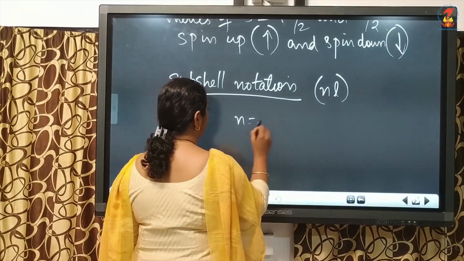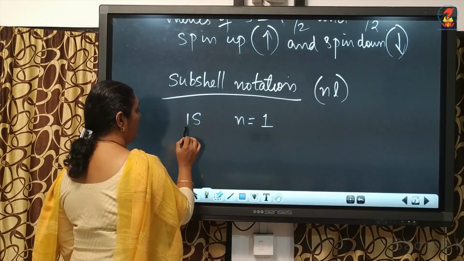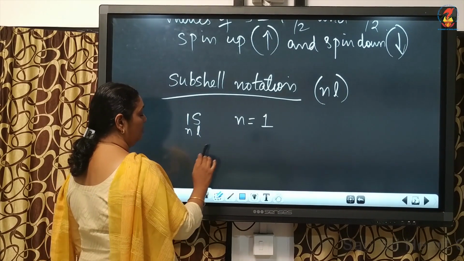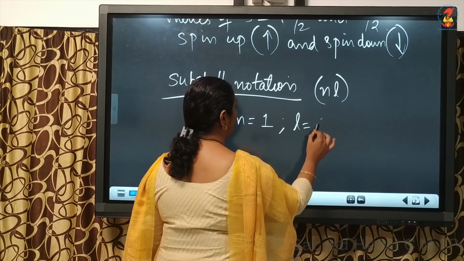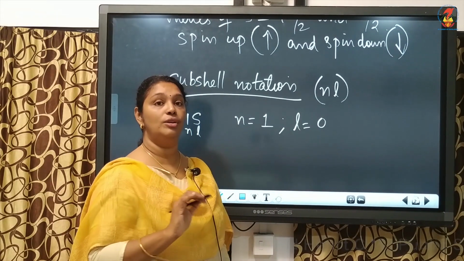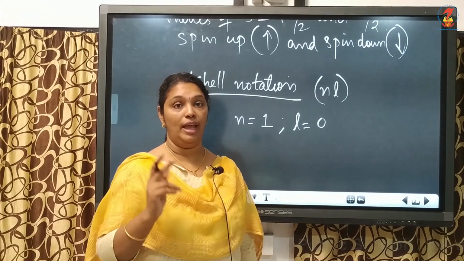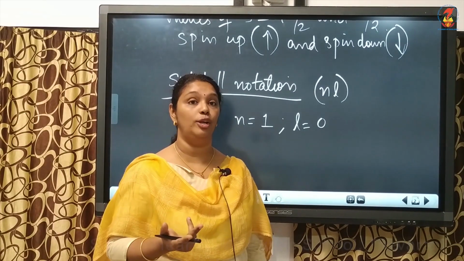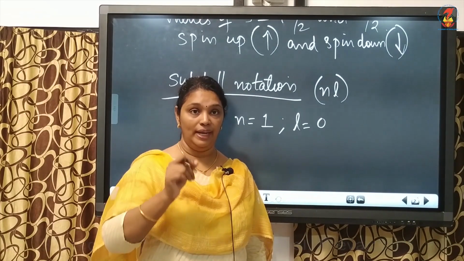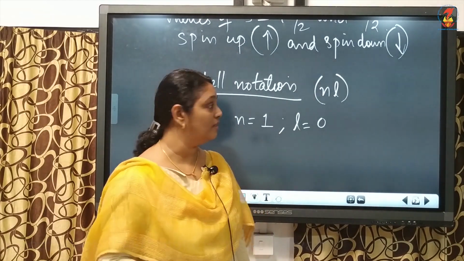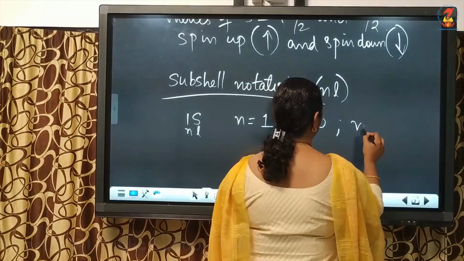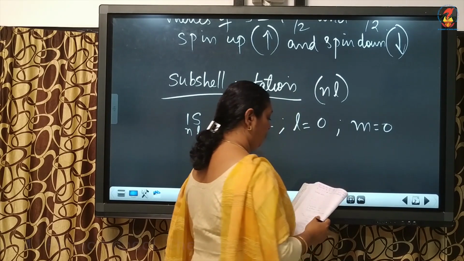Here n is equal to 1 because the notation is nl. So n is equal to 1 and l is equal to 0 because we know that l is equal to 0 is s subshell. If you know l value, you can write the m value. m can have 2l plus 1 values ranging from minus l to 0 to plus l. So if l is equal to 0, m is equal to 0.